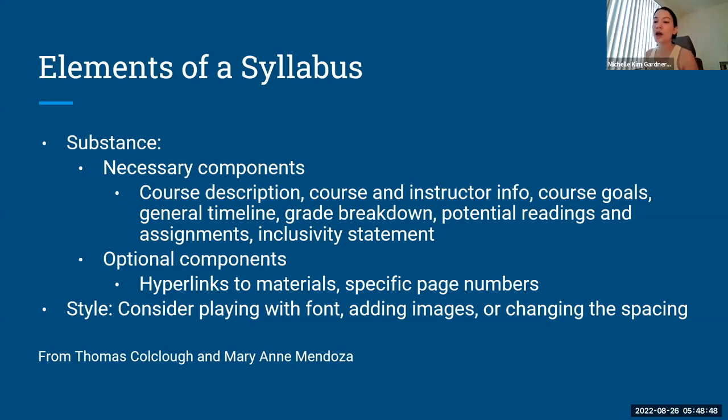Optional components include hyperlinks to materials and specific page numbers. As for style, consider playing with the font, adding images, or changing the spacing in your syllabus. Shout out to Thomas Kuclo and Marianne Mendoza for the information on this slide.